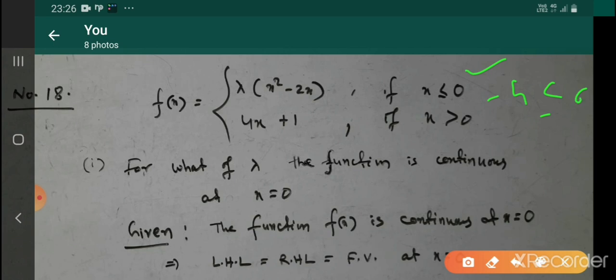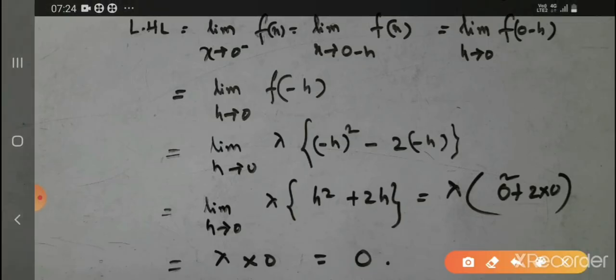So you substitute the value of x as minus h. Then you will get lambda into minus h square minus 2 into minus h. So minus h square will be h square, and minus 2 into minus h equals 2h.